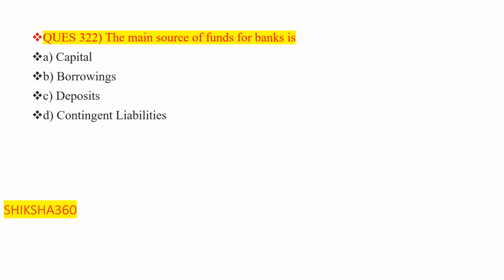Question number 322. The main source of funds for the banks are: capital, borrowings, deposits, or contingent liabilities. We have discussed this in chapter 22 part 1.